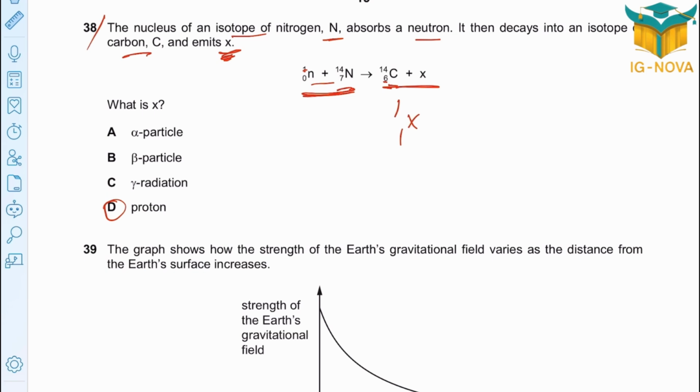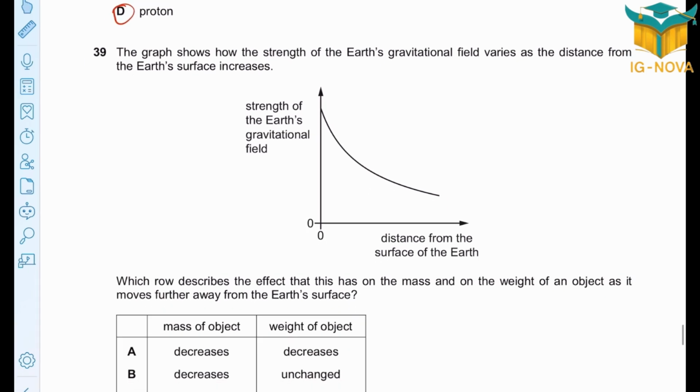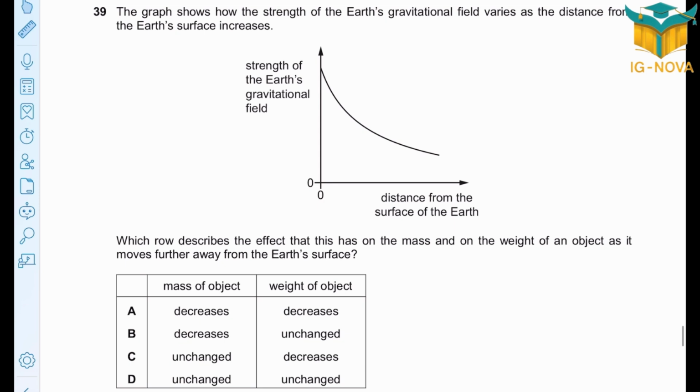Easy. Question 39. The graph shows how the strength of the Earth's gravitational field varies as the distance from the Earth's surface increases. There is a strength G and distance D. We know that it's an inverse relation. Which will describe the effect on the mass and on the weight?